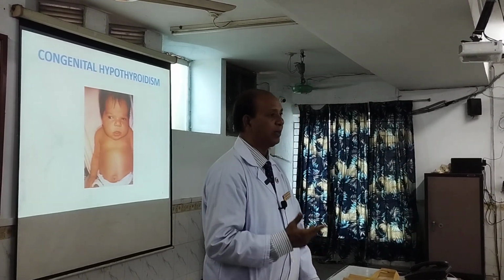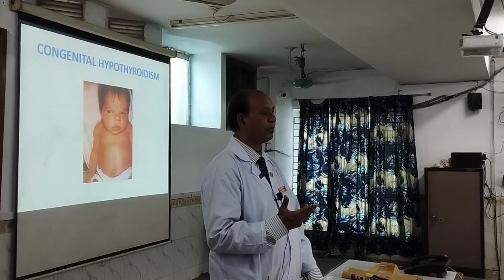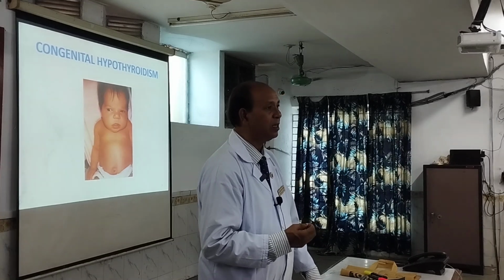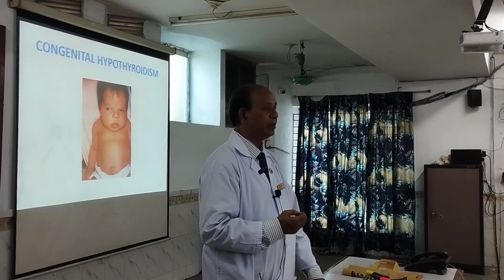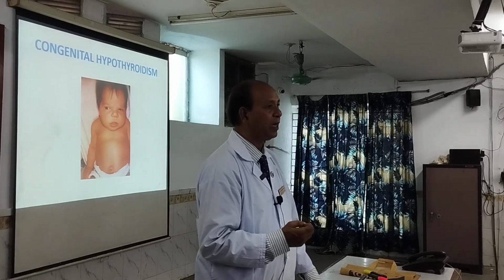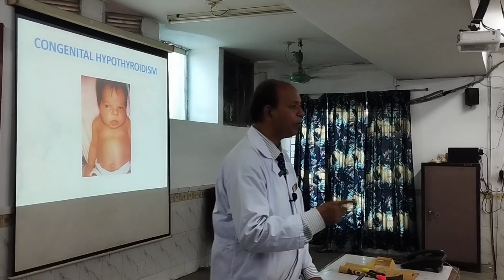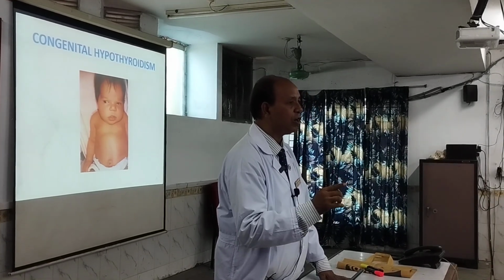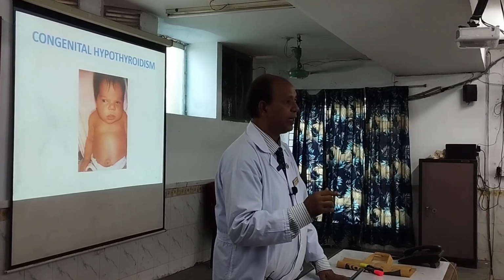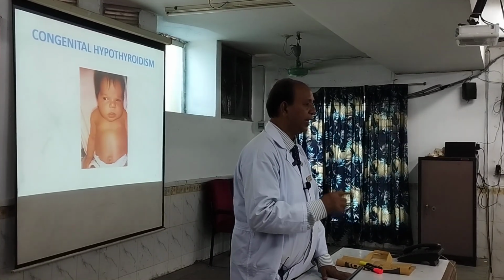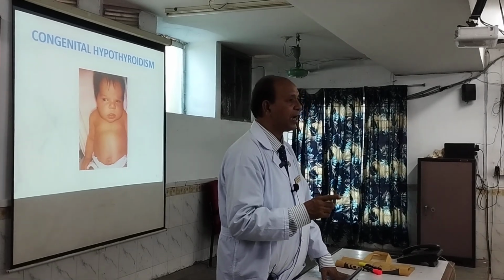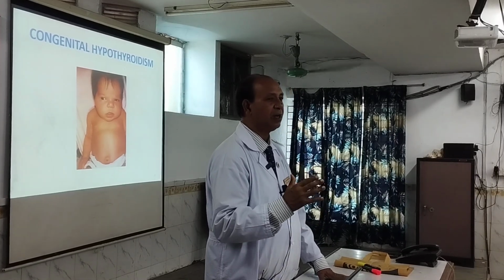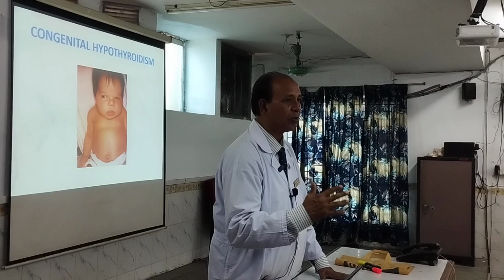Number three, defective organification, that is formation of DIT and MIT within the thyroglobulin. Next, defective oxidative coupling of DIT and MIT. If you remember, one molecule of DIT and one molecule of MIT form triiodothyronine, and two molecules of DIT form tetraiodothyronine, that is thyroxine. You should remember this. This is the etiology of congenital hypothyroidism.